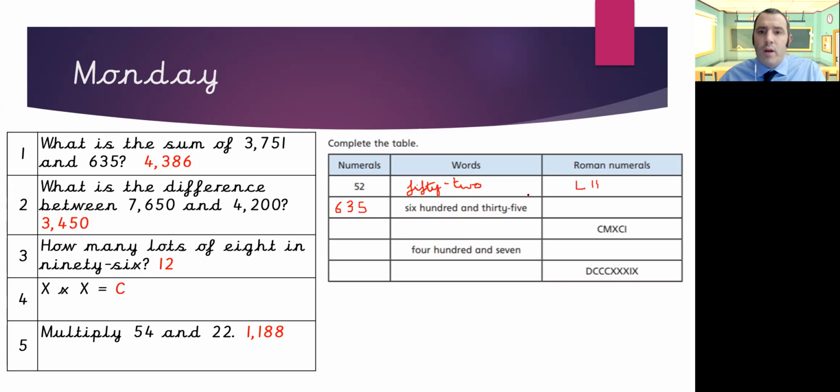And then for our Roman numerals, we have D for 500. C adds on an extra 100. That gives us our 600. And then we build the 35. So we have 10, 20, 30, and then 5. So it's worth remembering that when we do Roman numerals, we build the number up.